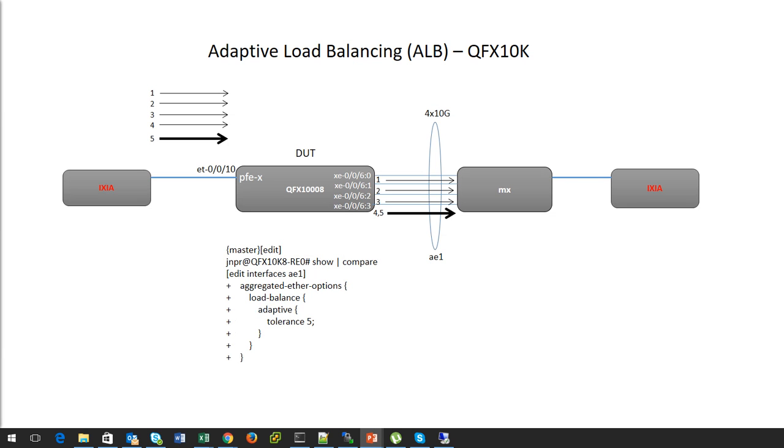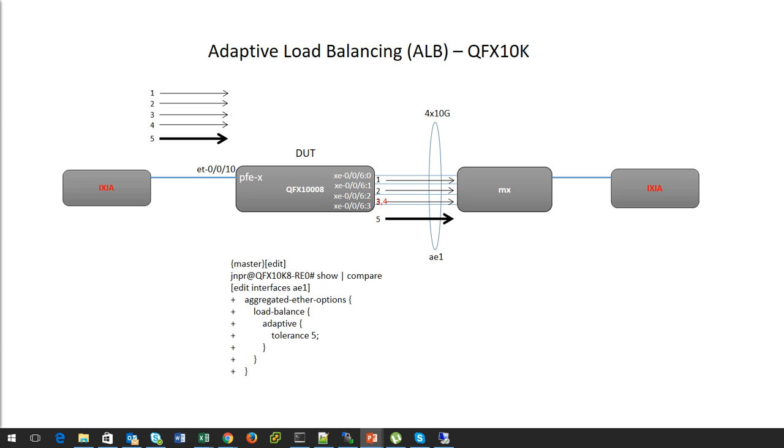At first, this flow will share its member link with one of the existing flows, but what we expect to happen is that the smaller flow will be moved to another link as the system tries to distribute as much of the load as possible across all the links. Although this is an extreme example, and the number of flows is small, still the system is trying to distribute the flows as equally as possible across all the links.